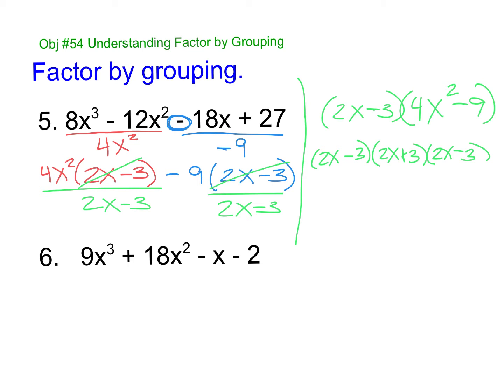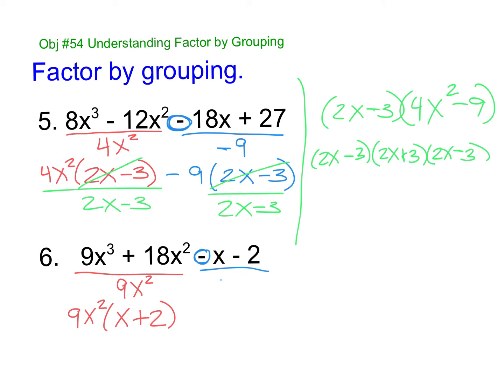And number 6, again, the first two is 9x squared. That one's pretty straightforward. X plus 2. Now, this next one's a little trickier. What's the GCF of negative x and negative 2? Again, remember I said that if that's a negative, we need a negative.